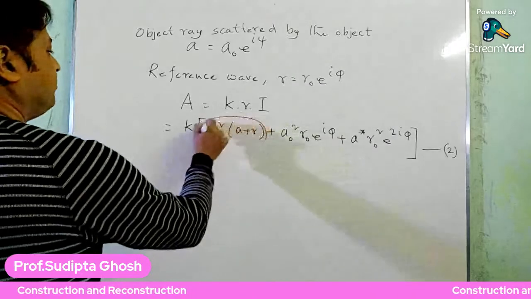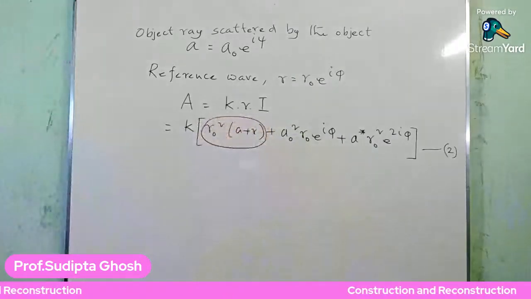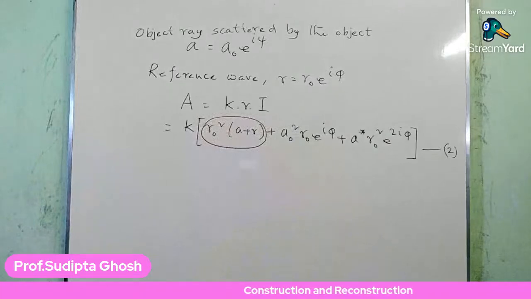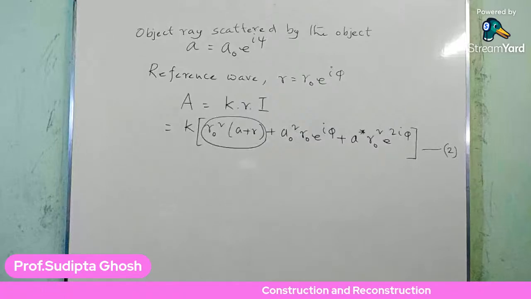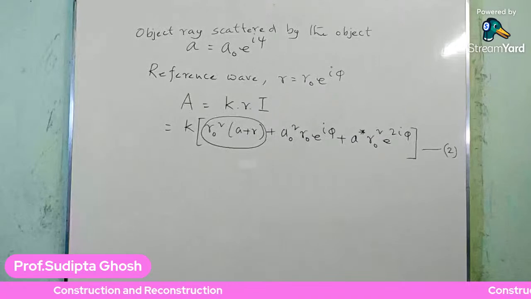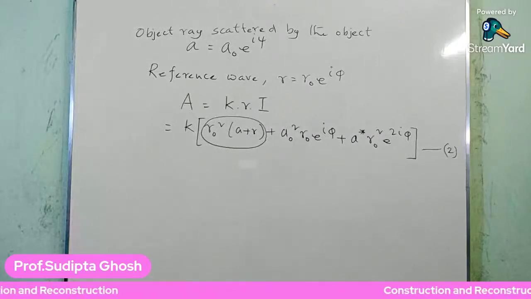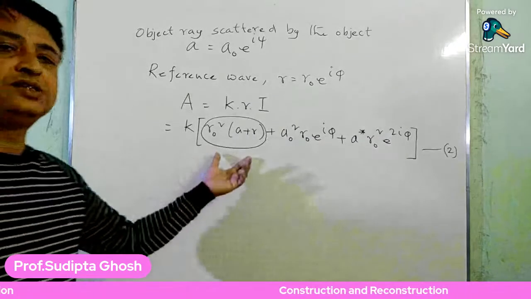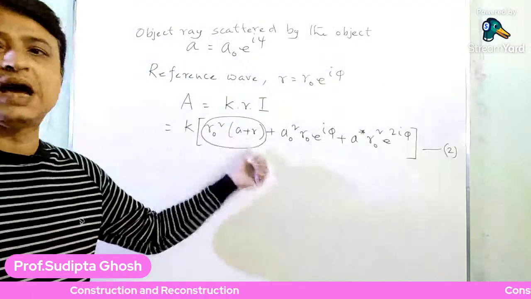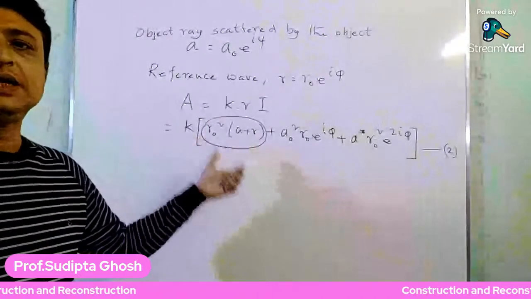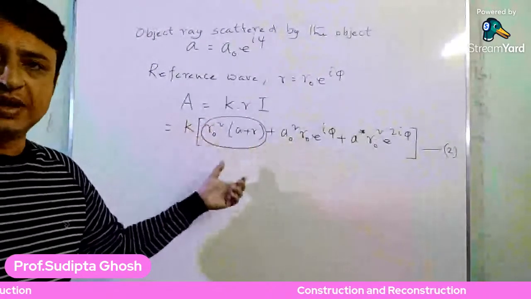The first term of equation 2 represents a wavefront whose complex amplitude is proportional to that of the original wave amplitude, that is A plus R. So this actually gives rise to the three-dimensional virtual image. This particular term, R0 square into A plus R, generates that three-dimensional virtual image.